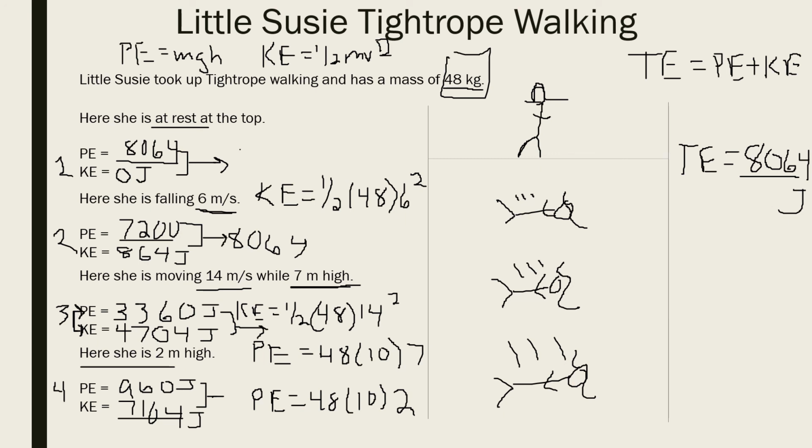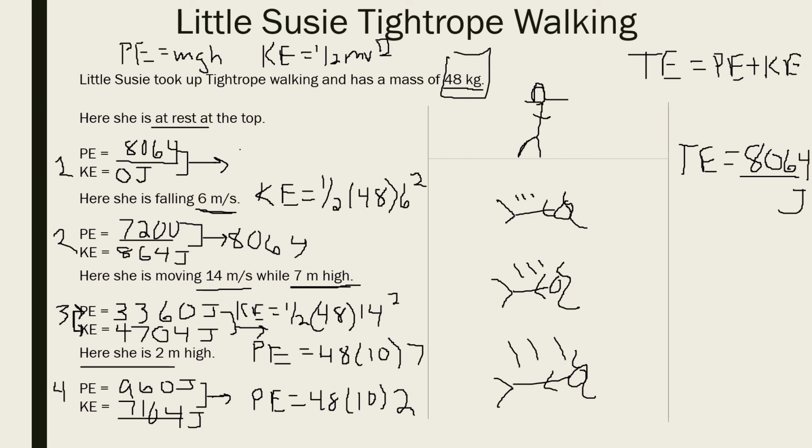So, there's a lot of stuff going on here. But let's see if this makes sense. As she falls, we expect the PE to get lower. 8,064, 7,200, 3,360, 960. That's consistent. As she falls to the ground, the PE decreases. We expect that as she falls, she's going to go faster, which means the KE should increase. 0, 864, 4,704, 7,104.